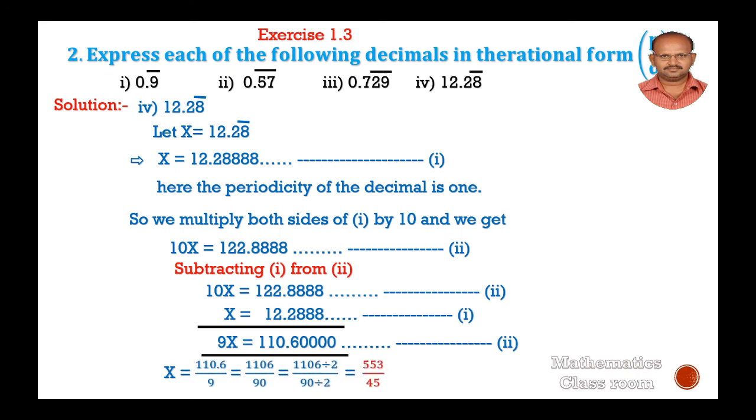Multiplying numerator and denominator by 10, we get 1106 by 90. Then after dividing numerator and denominator by 2, the final answer is 553 by 45. Hence 12.28 bar on 8 is equal to 553 by 45.